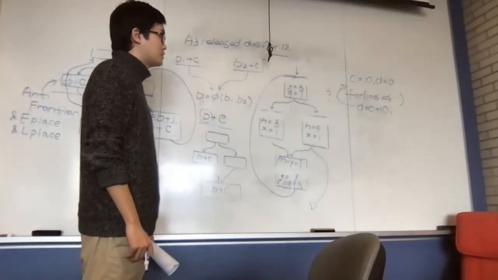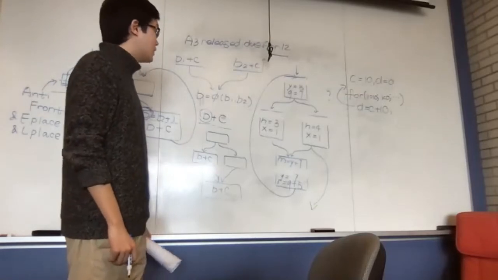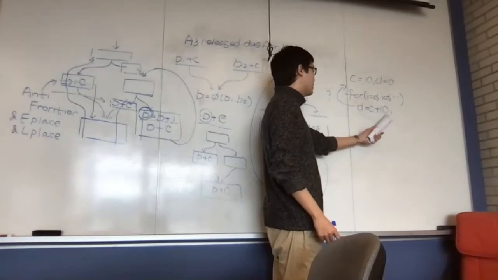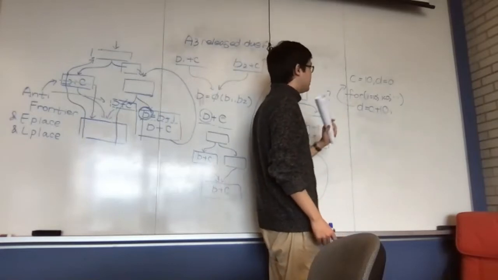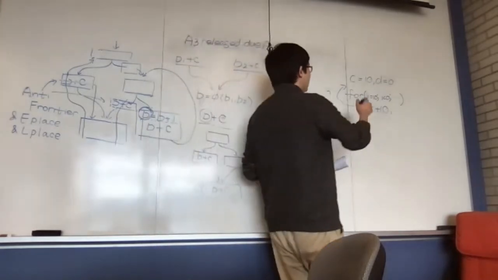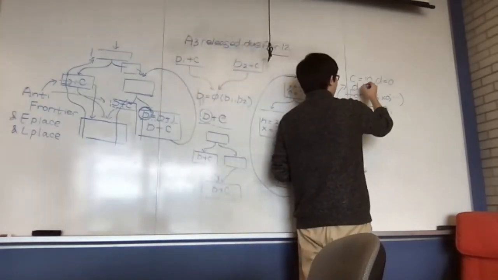So what happens in this case? If we move the instruction D is equal to C plus 10 out of this loop, D will take on the value 20 here.